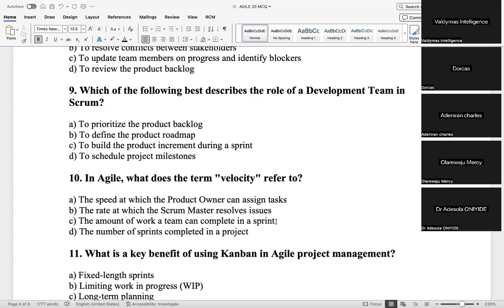But because you are not able to get the PO, maybe the PO just goes on leave, emergency leave. She didn't show up that day. And you have to close the sprint and move to the next sprint. That will affect your velocity. Because even though you've done all the work, because the PO did not click that done, then you cannot count it as your velocity. Is that painful?